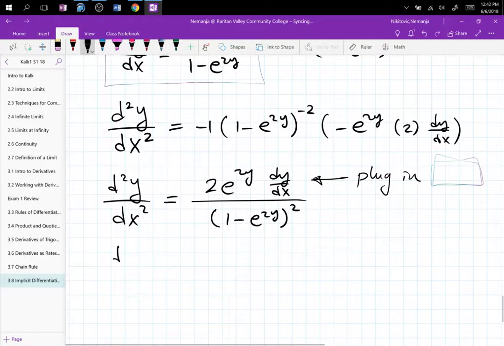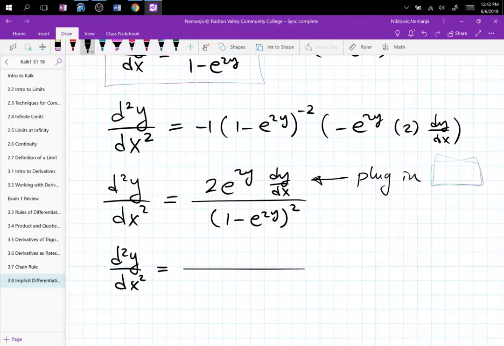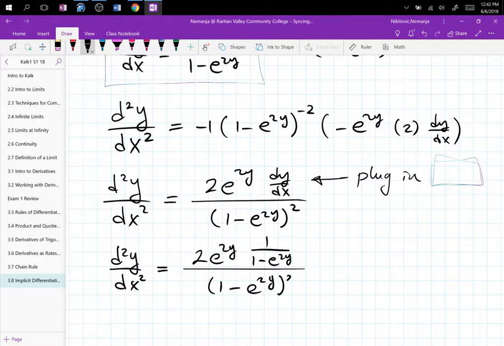So now I have that the second derivative is equal to 2e to the 2y, and then this is 1 over 1 minus e to the 2y, divided by 1 minus e to the 2y, everything squared. So this will go down and make it into a cube.